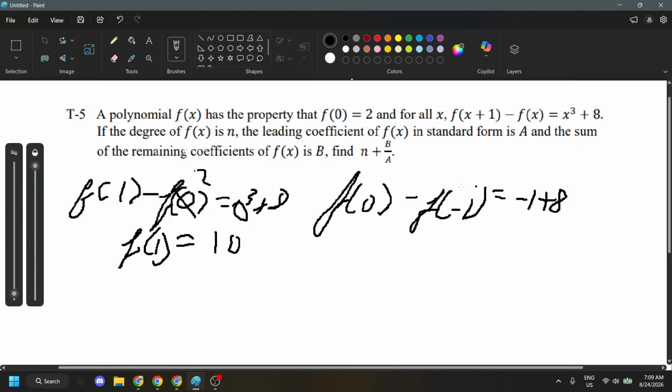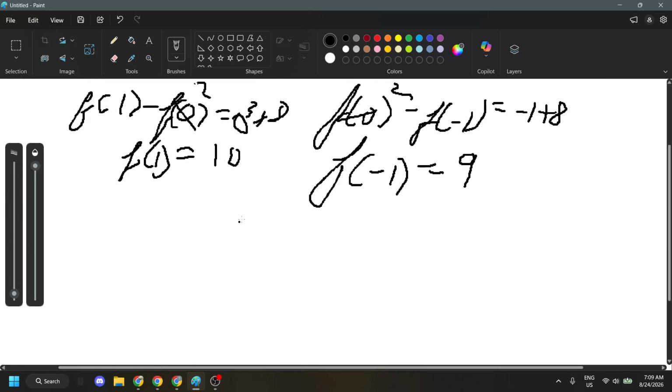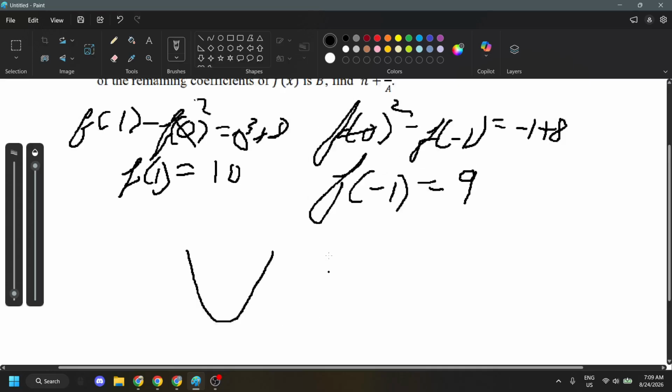If we just make this negative, f of negative 1 minus f of 0, which is 2, so add 2 to both sides, is equal to 7 plus 2, which is 9. Interesting. So we go from negative 1 is 9, 0 is 2, and 1 is 10.